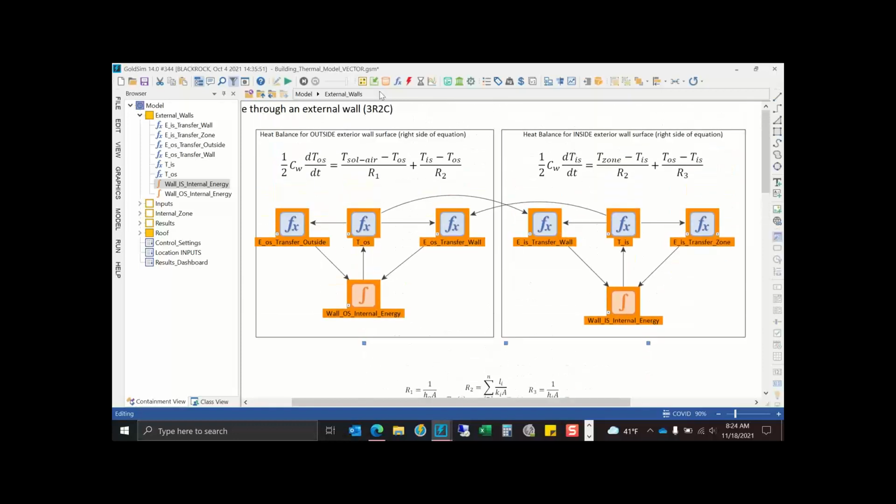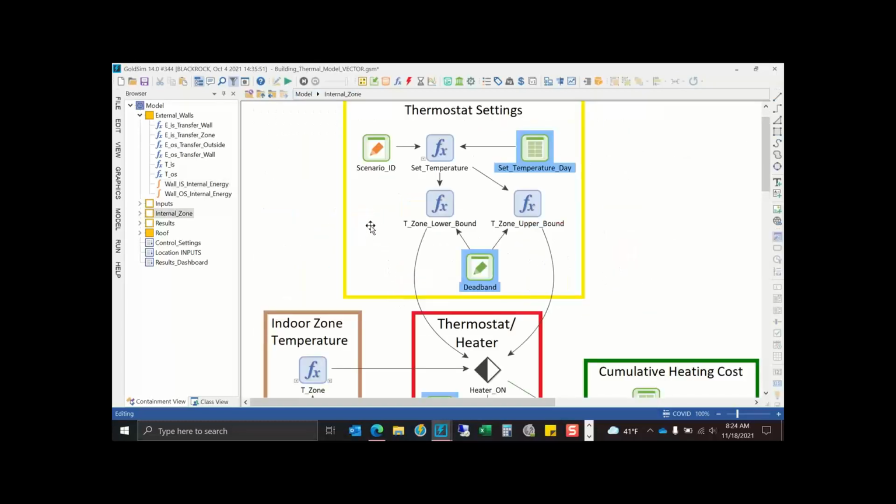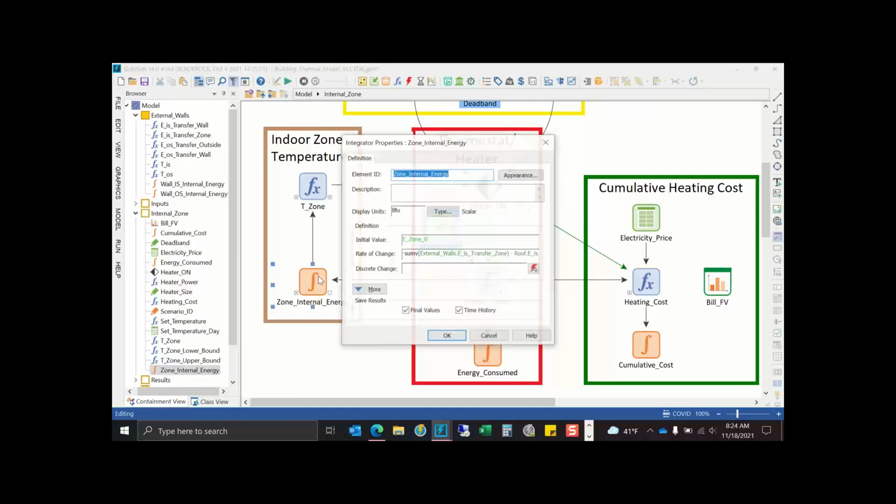And this has the walls. The roof we'll get into in a second. So the inside zone has the same thing. We have the energy leaving to the walls, the energy going to the roof, and the energy from the power, from the heater.